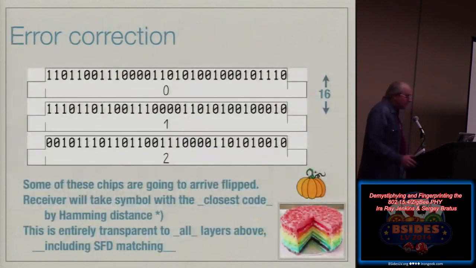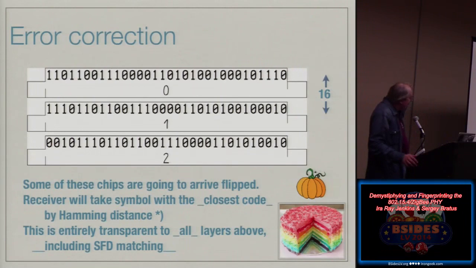So this is, for example, the distance between those two codes for the nibbles 1 and 0 is 16 bits. And that's enough, basically.